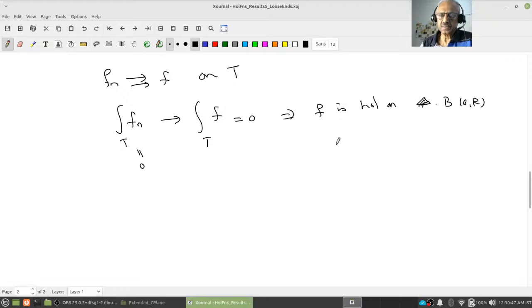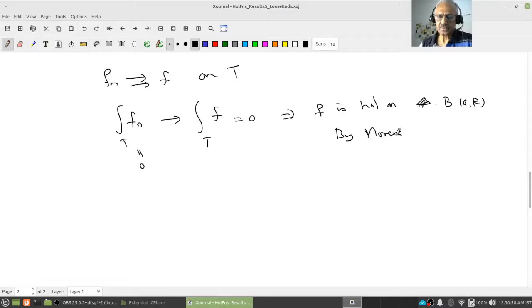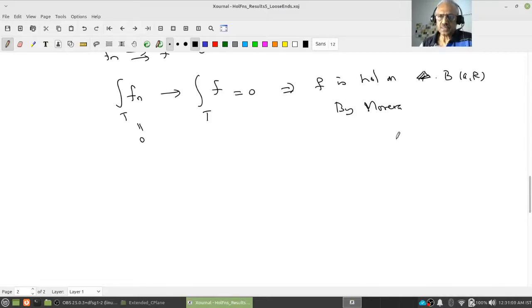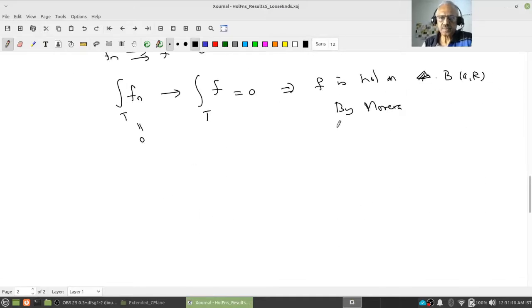This is more by Morera. Because I have an open set and all the integrals over triangles are 0, I concluded that. So if U is star shaped, if you want, you can assume that. Is the proof clear?